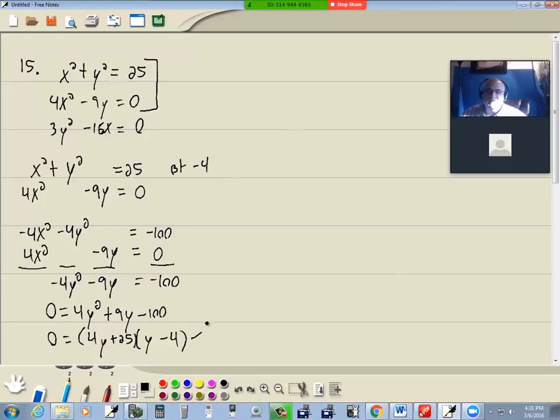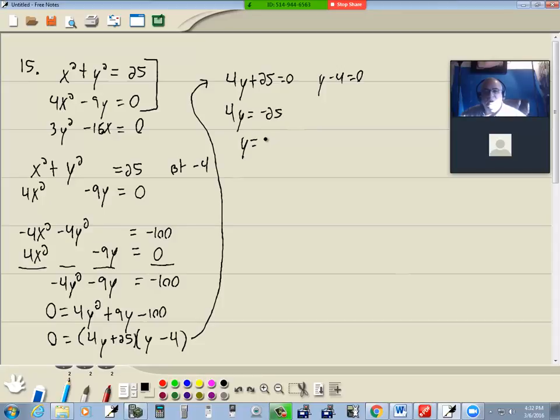Okay, factors that way. Then I'll set each one of those equal to 0. So we got 4y plus 25 equal to 0, and we got y minus 4 equals 0. So we got 4y is equal to negative 25, or y is equal to negative 25 fourths. And on this one, we got y is equal to 4.